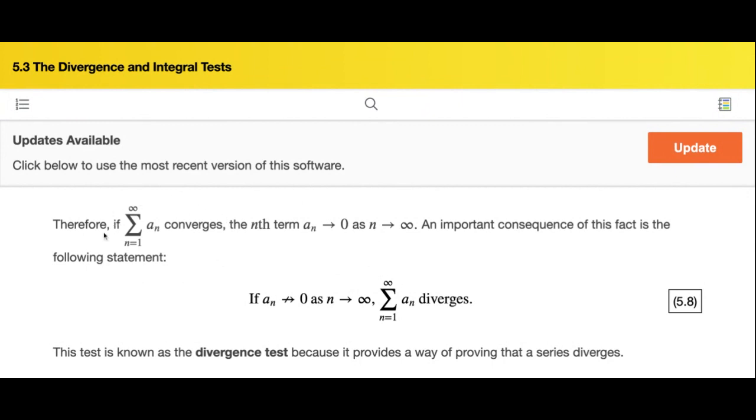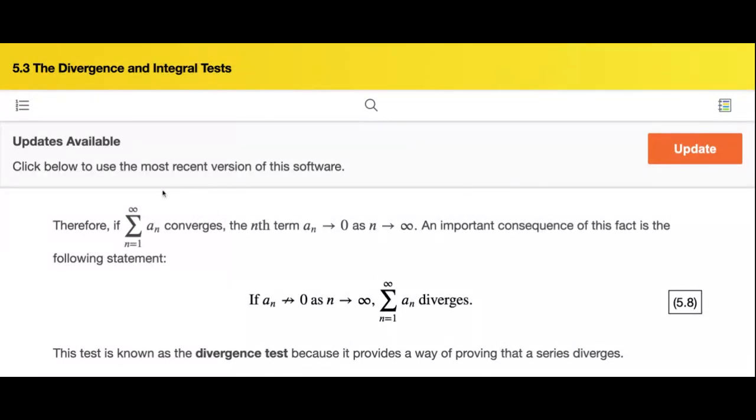Think about a statement P: if P, then Q. The contrapositive means if not Q, then not P.